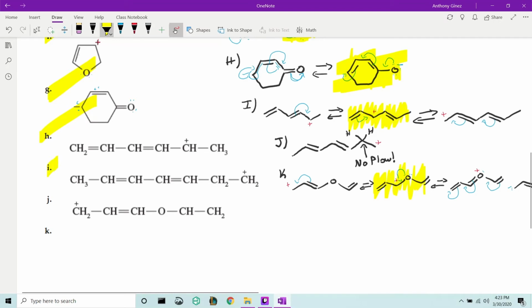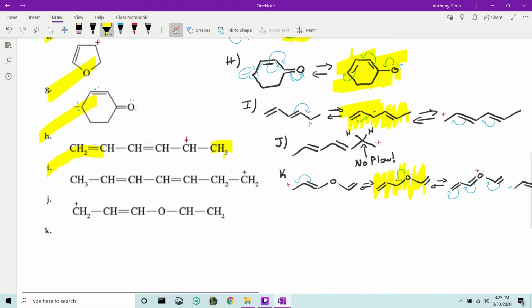Moving on to I, I see CH2 double bonded, which is electron rich. I see another electron-rich double bond, and then I see an electron sink in the form of this positive charge. And I see, I forgot about the end. So we can draw slowly, sequentially, with one arrow, the electrons flowing into the sink, relocating the positive charge in between the two double bonds.